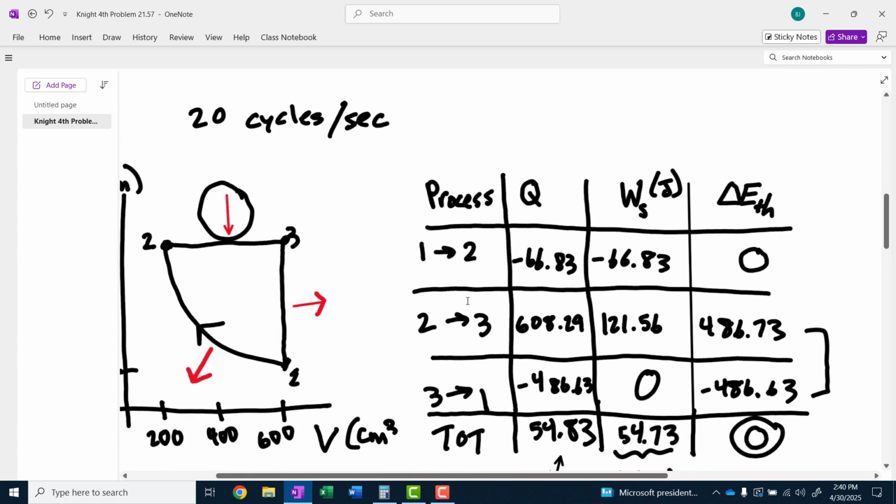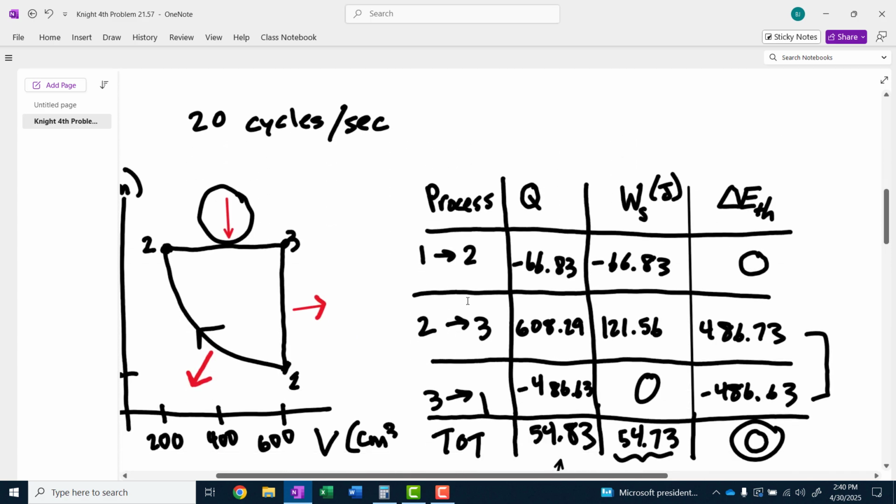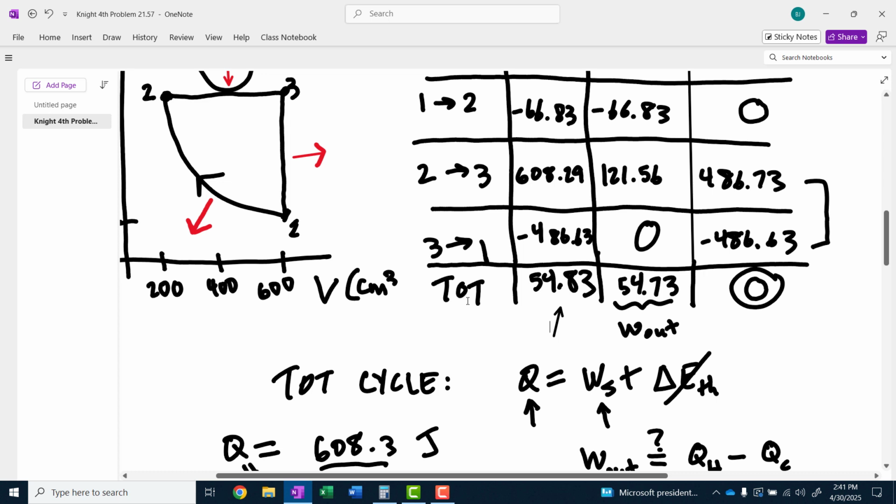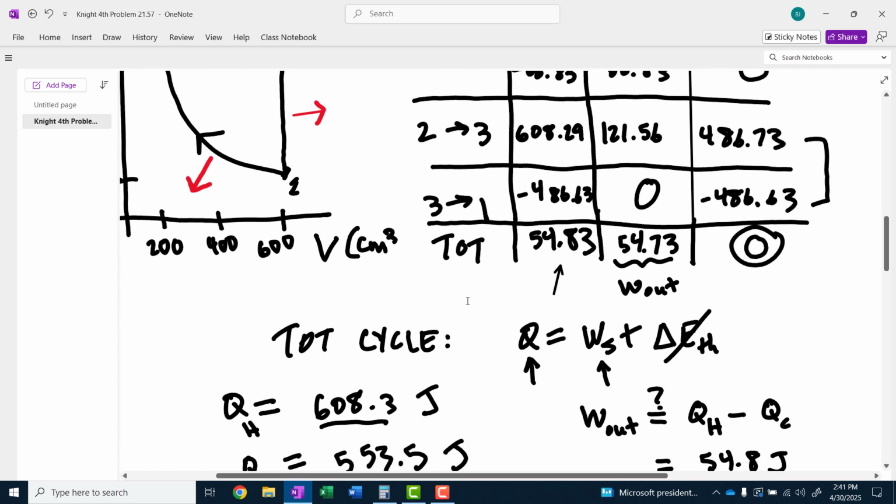Well, we can calculate the efficiency. That's easy. Just take the output work of 54.7. I'll do this right here. I think I have a little bit of space left.